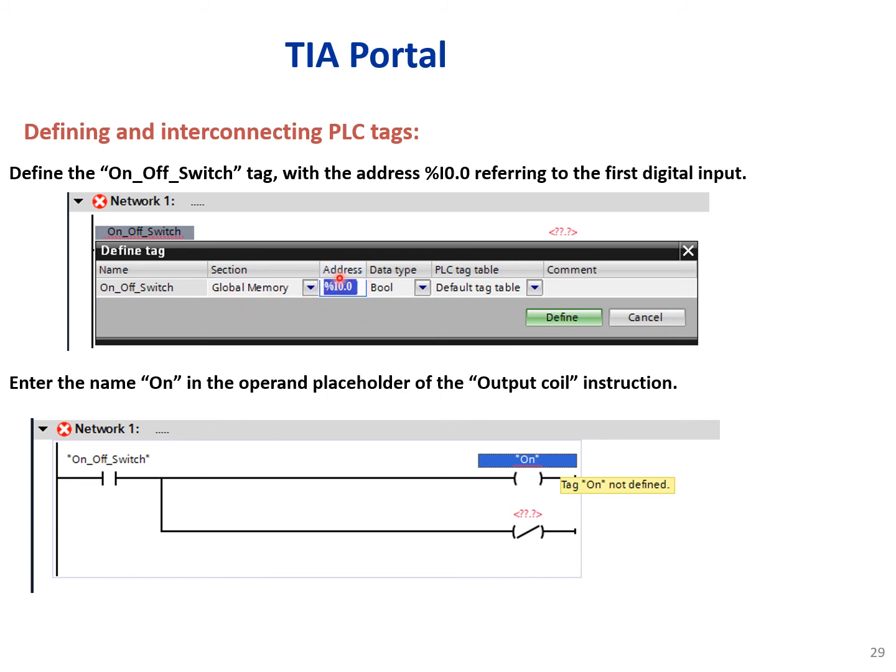This one is, let's say, a real input device. So we choose one that starts with I, and just select I0.0 for now. We need to do the same for the coils. Give each a name, right click, and define a tag for each of them.